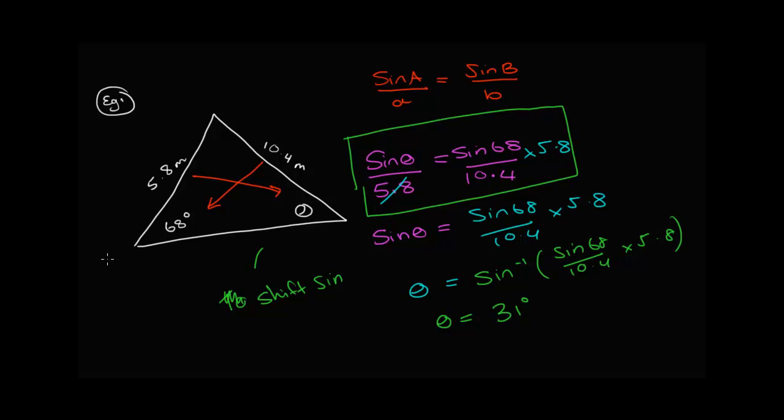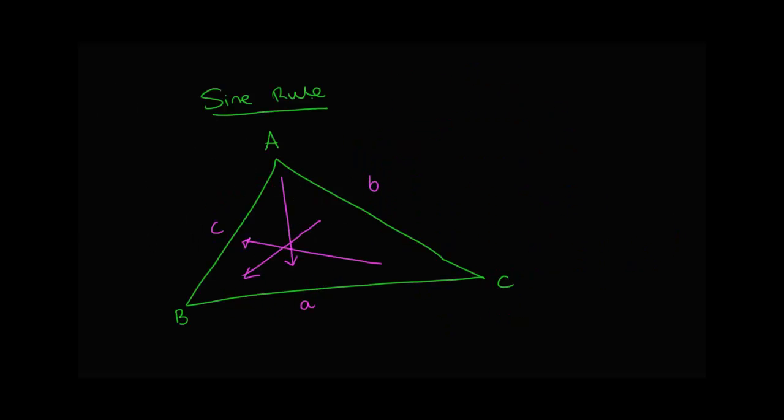I guess the biggest question that I get asked is, how do I know to use a sine rule? I think the easiest way to explain that is by saying, number one, if it's a right angled triangle, then we're using SOHCAHTOA.